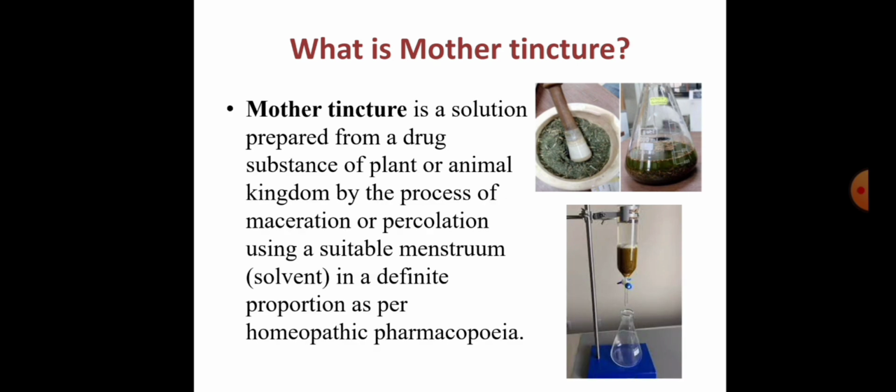So with this we can say that a mother tincture is a solution prepared from a drug substance of plant or animal kingdom by the process of maceration or percolation using a suitable menstruum or solvent in a definite proportion as per the homeopathic pharmacopoeia.